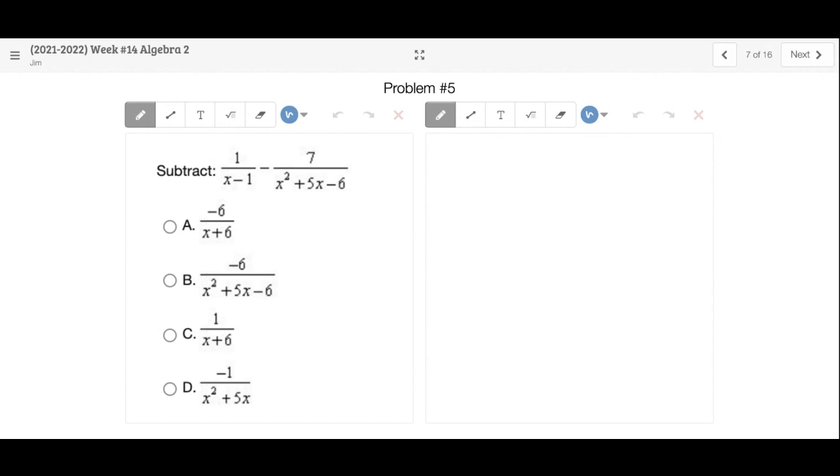This is where factoring comes in handy. Okay, so in this problem, first thing I'm going to do, I'm going to write it out, 1 over x minus 1 minus, and then this I'm going to factor. It factors to, and I bet you it's going to factor x minus 1, to tell you the truth, because I just know how these problems are done. So it looks like x plus 6, x minus 1, doesn't it?